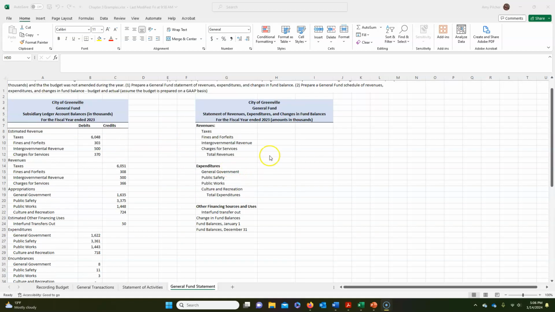So the first thing that we're going to look at is a statement of revenues, expenditures, and changes in fund balances. So looking at, of course, how much did we actually receive in, so we see our actual revenues. So we're not looking at estimated revenues. That's going to be for our budget to actual. We're looking in this statement for what are our actual revenues. So I'm going to copy that information over here.